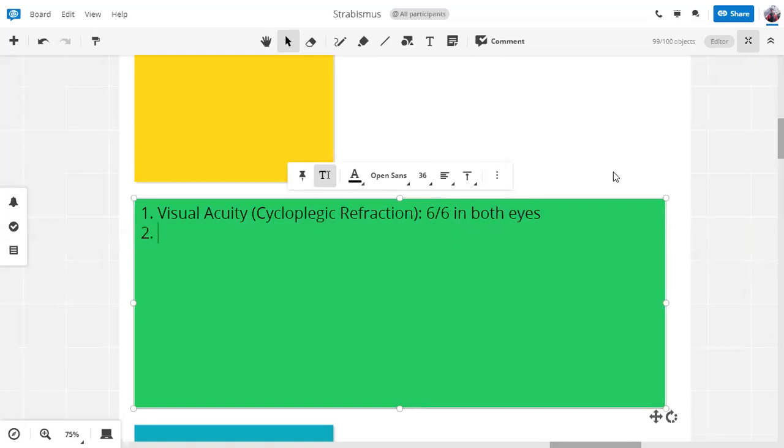What do we do next? We perform an ophthalmologic exam, which includes the fundoscopy. The fundoscopy is mostly unremarkable, except for papilledema.